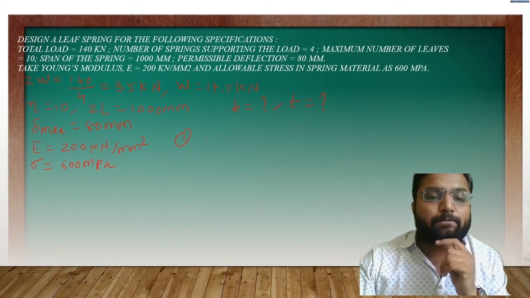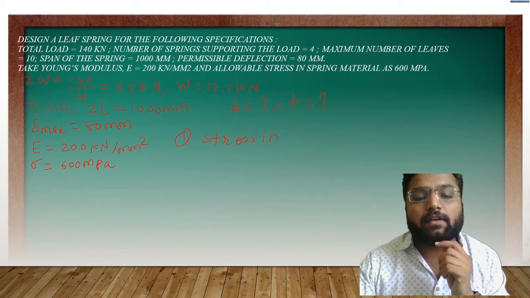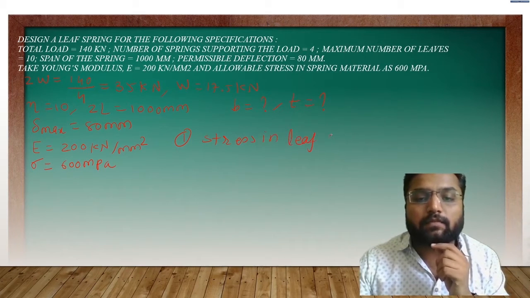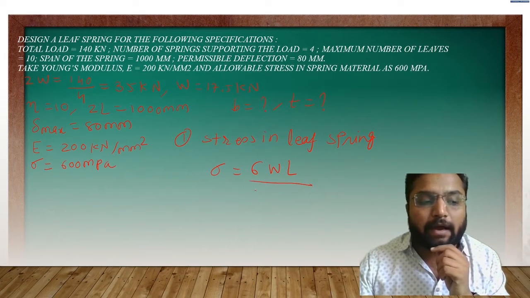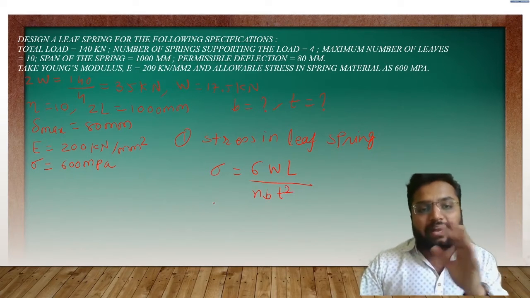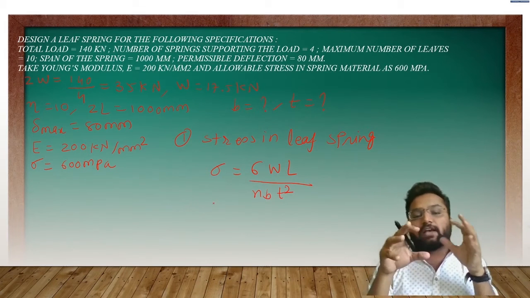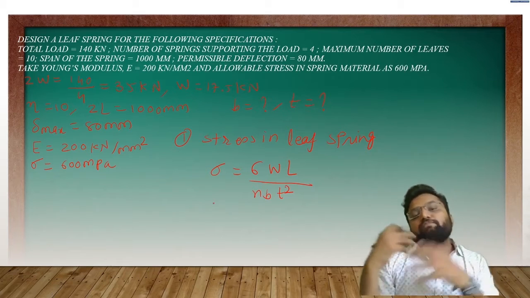So first let's have the equation of stress in the leaf spring. We have the equation sigma equals 6WL divided by nBT square. Ultimately, what we get from this equation is not the value of B and T, but an equation in terms of B and T. Clear?